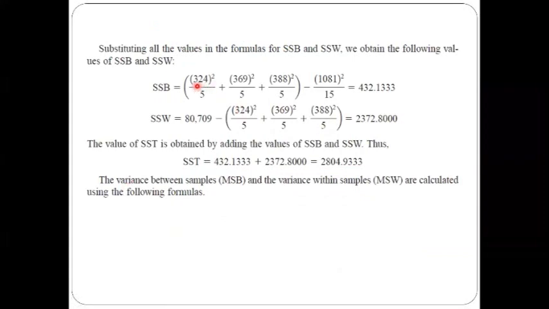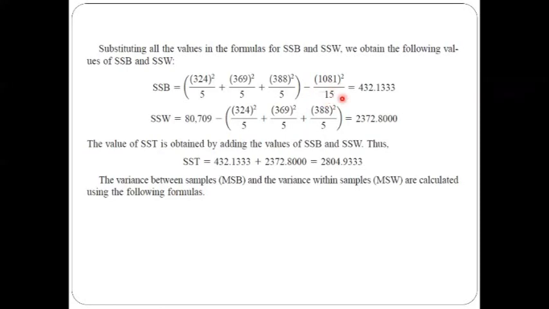We have for the T sub 1, which is the 324, squared lang natin siya over 5. Then yung T sub 2 natin, which is 369, squared lang natin siya, and over nung n sub 2, which is also 5. And for the T3, squared lang din natin 388 squared over yung n sub 3 natin. And for this value naman, ito yung total value natin ng summation of x, and squared lang natin siya over yung total value ng n natin, which is 15.